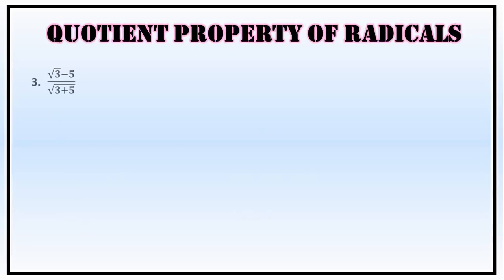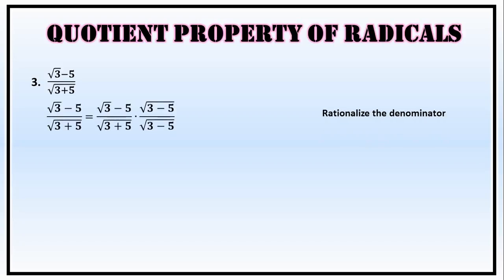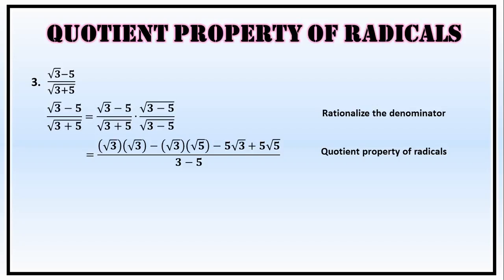Example 3. Square root of 3 minus 5 all over square root of 3 plus 5. First, we need to rationalize the denominator. Multiply the numerator by the conjugate of the denominator. Next is to apply the quotient property of radicals.